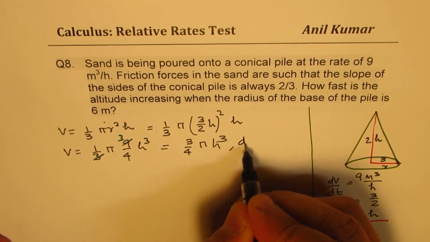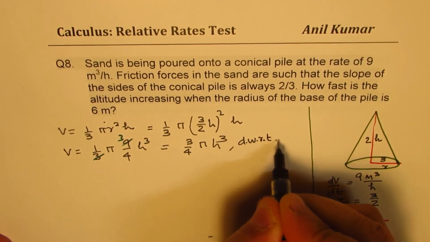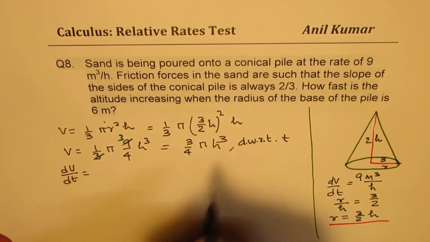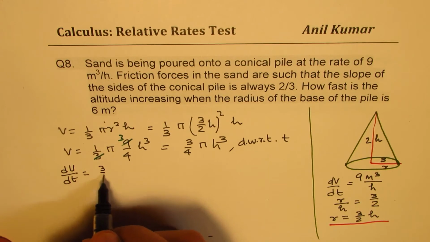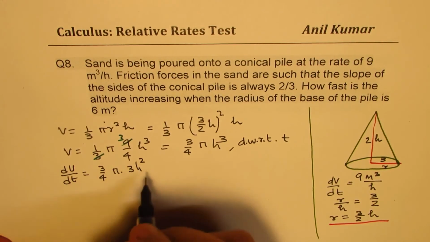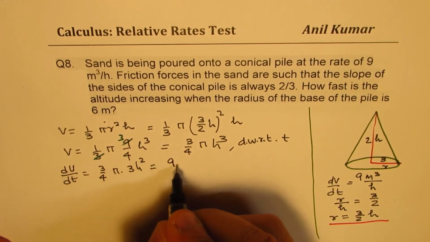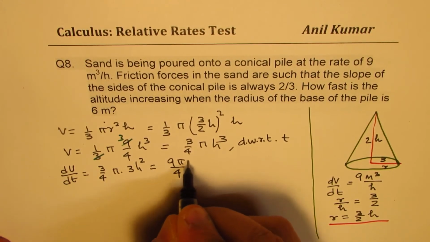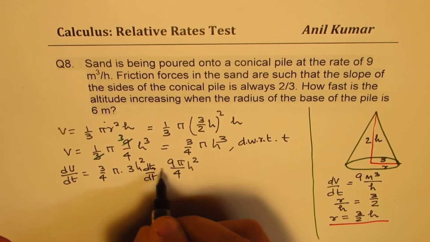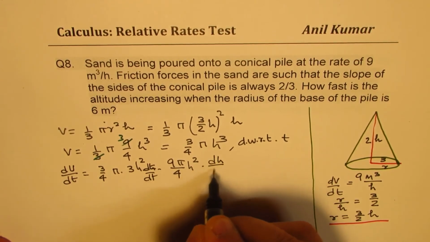So let's differentiate with respect to time. So we get dV/dt equals 3/4 pi times 3h square, right? Which is 9 pi by 4 h square times dh/dt, which we need to really find.